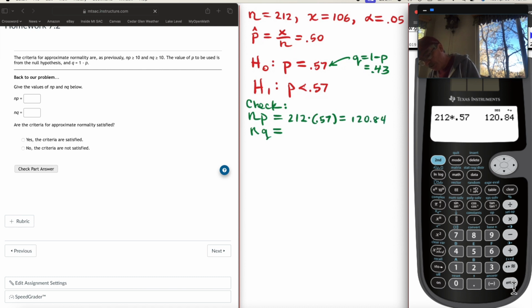And then NQ, 212 times, I think we got a 0.43 for that. So we'll do that real quick. Okay, so that's 91.16.